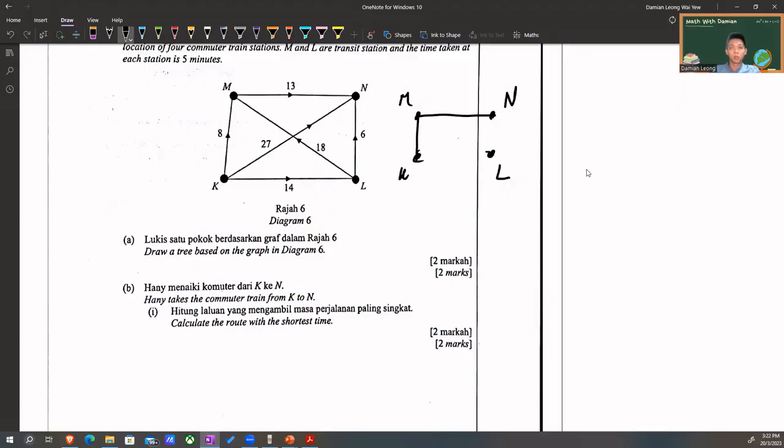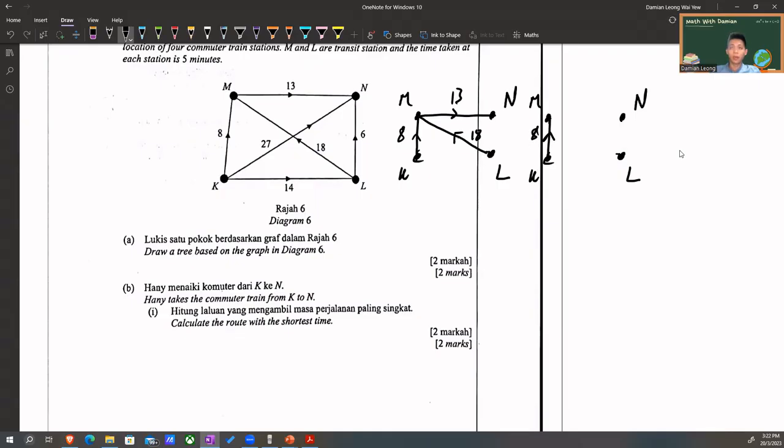Then maybe this. Yeah, 8, 18, 30. Okay. If I don't want to go that way, I can go this way again.